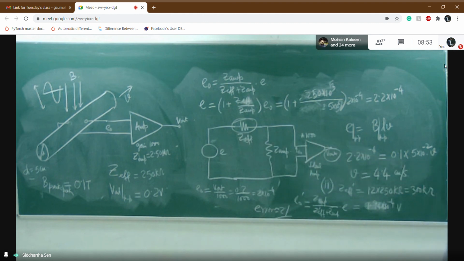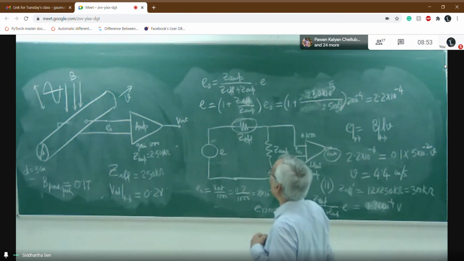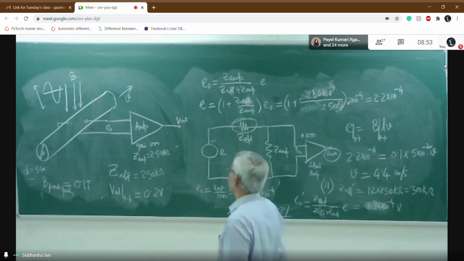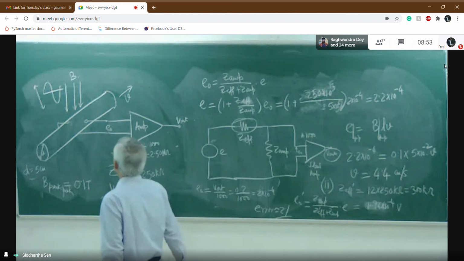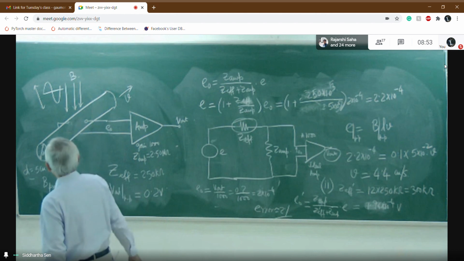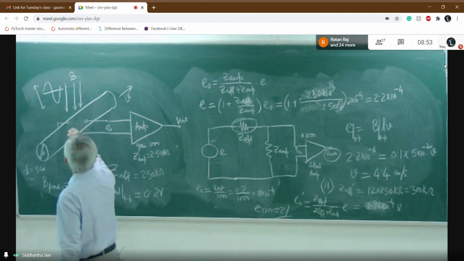So the point is that another difficulty of the electromagnetic flow meter is that it all depends upon the effluent electrical conductivity, and second, its variation.